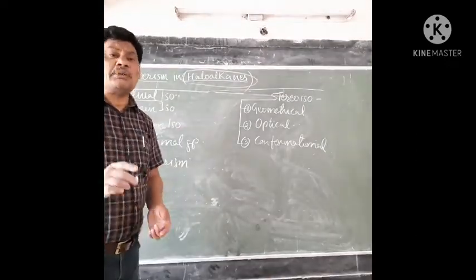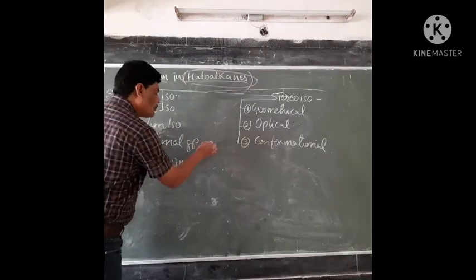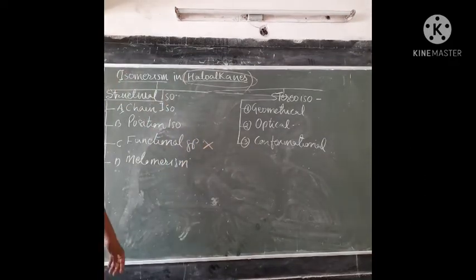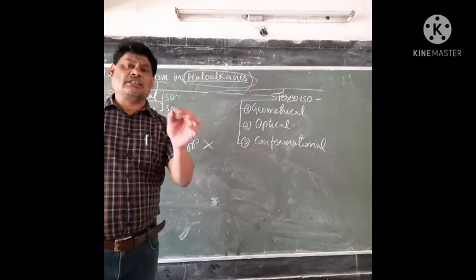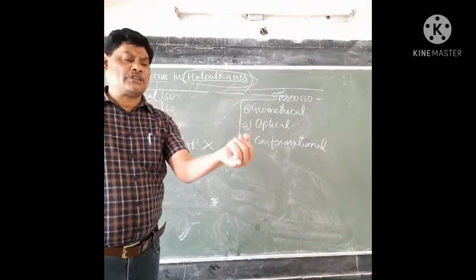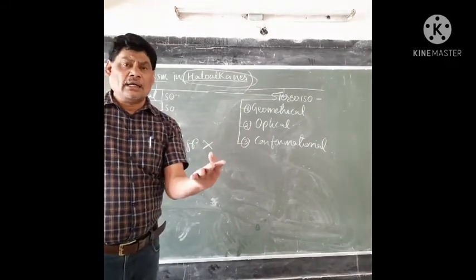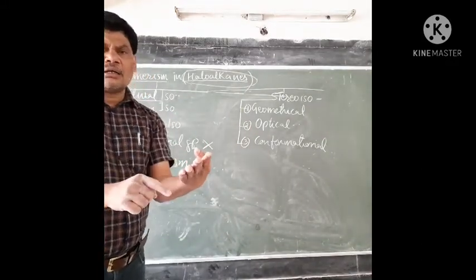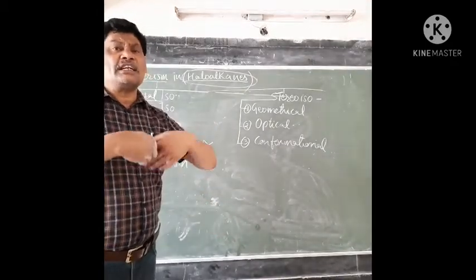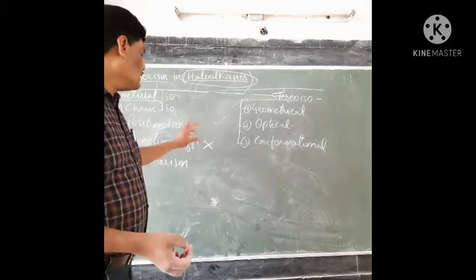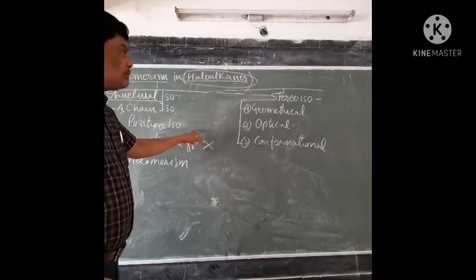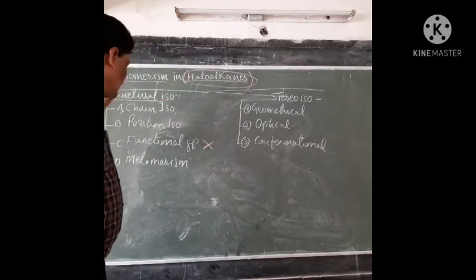That means it is never possible with haloalkanes, because haloalkanes have the same type of halogen, say Cl, Br and I. If we write different Cl, Br, I compounds, then the formula will change. That means functional group isomerism is not possible in haloalkanes.